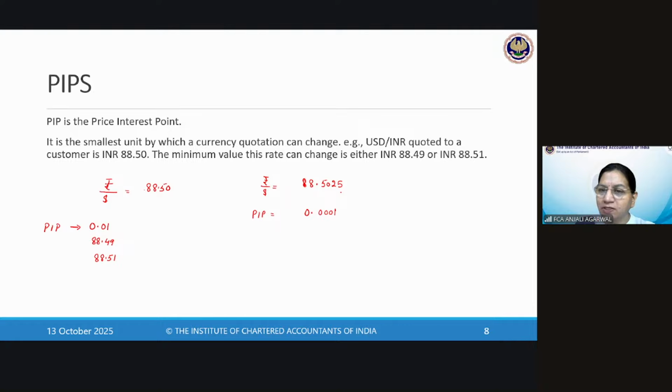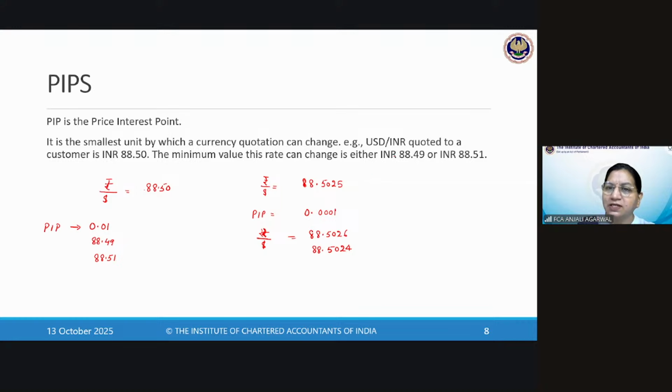Now if I ask what is the minimum fluctuation that the dollar can have, it's 88.5026 if it goes up, or 88.5024. So it is far less than 88.49 or 88.51. Right? This is the meaning of PIP. It is the price interest point, the smallest unit by which a currency quotation can change.